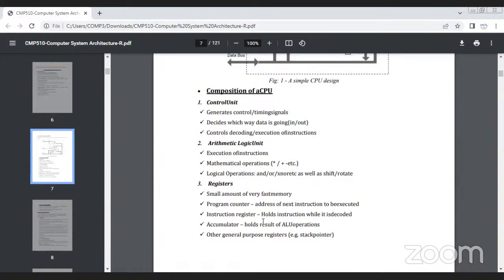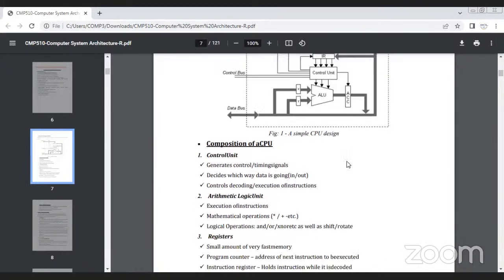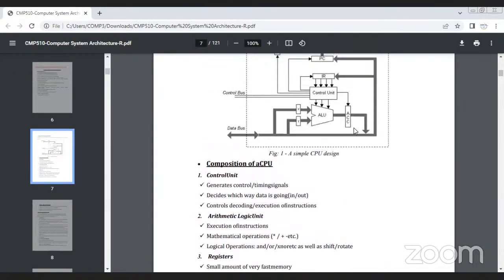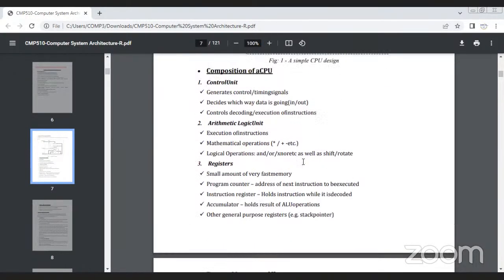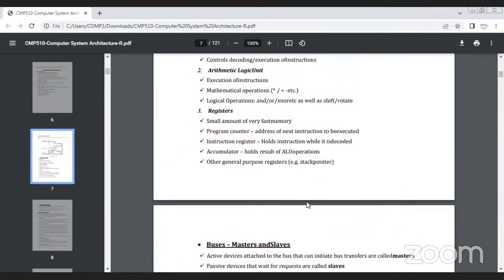The instruction register holds the instruction while it is decoded. Meaning, the register that holds the instruction that is currently being executed is called the instruction register. And the accumulator holds the result of ALU operations. The output of the execution of the ALU unit is stored in the accumulator. Okay, and the other registers are the general purpose registers, and the stack pointer is used to store the stack pointers and other information.